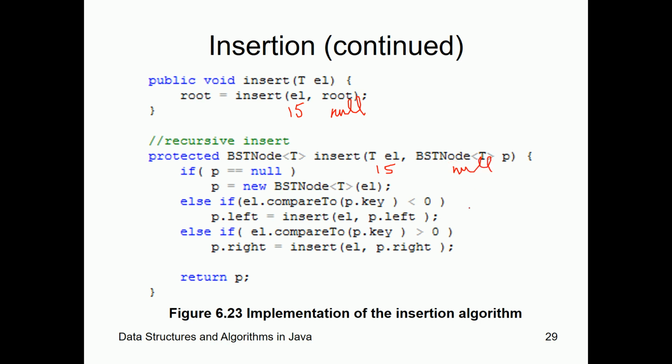Okay? Is this equal to null? Yes. P is going to be a new node with the 15. I'm returning P. So this whole thing is a new node with 15 that is going to be the root.